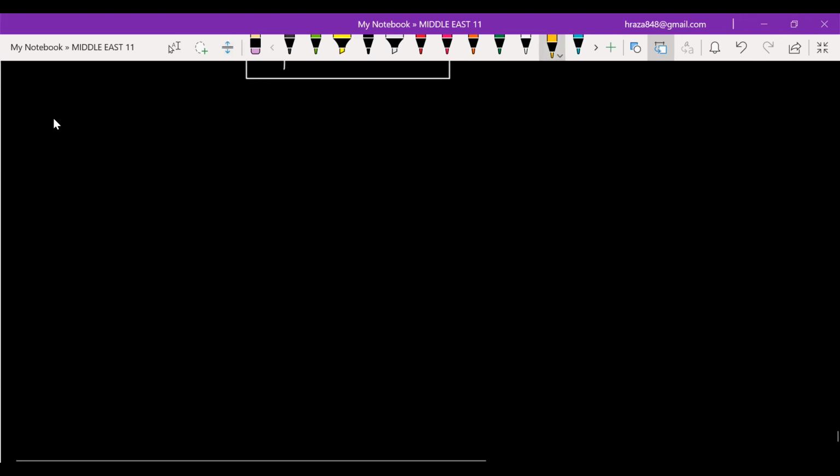Now going to define it. Solubility product.